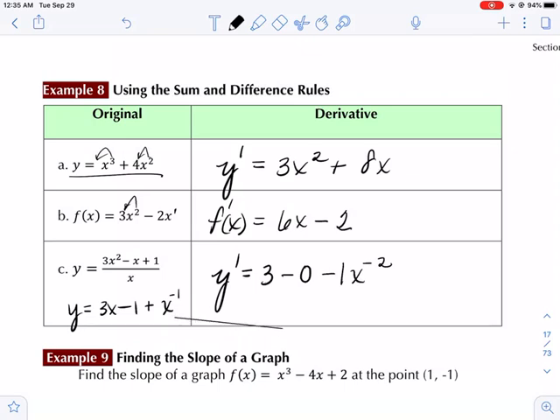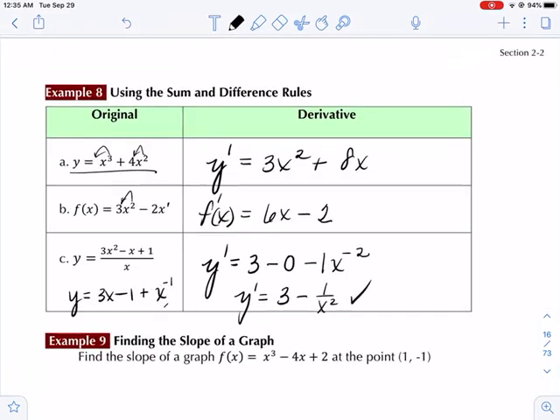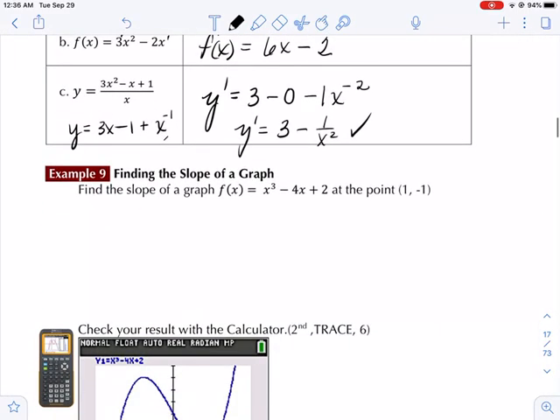So the derivative of x to the negative 1 is right here. And so simplifying that, then we get y prime is then equal to 3 minus 1 over x squared. And I could write that differently. I'm going to leave it like that for now.